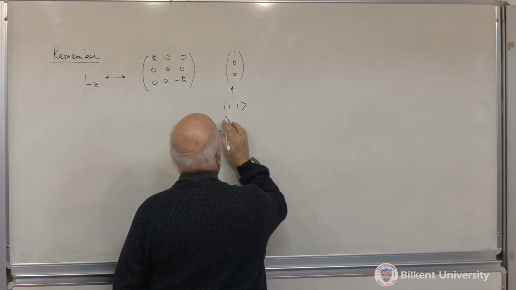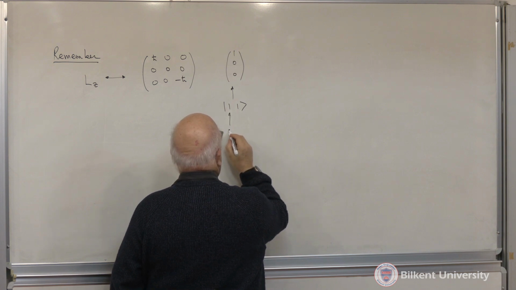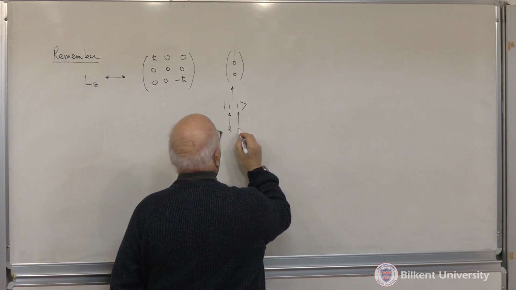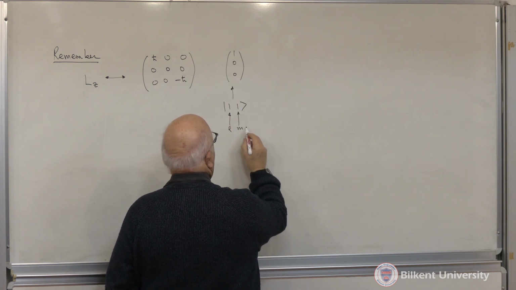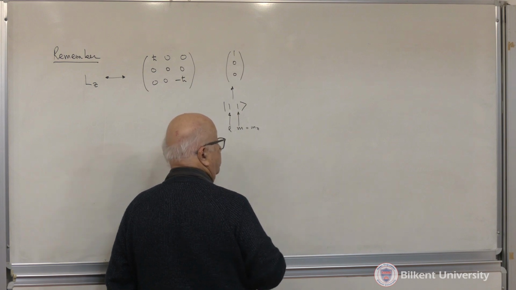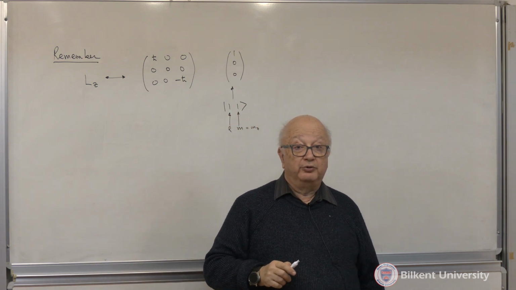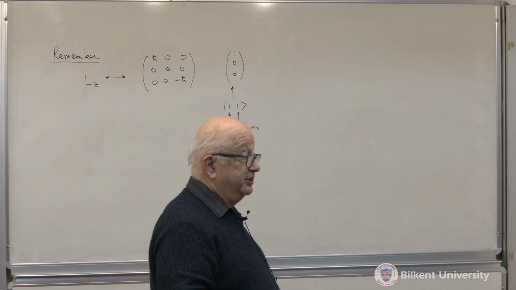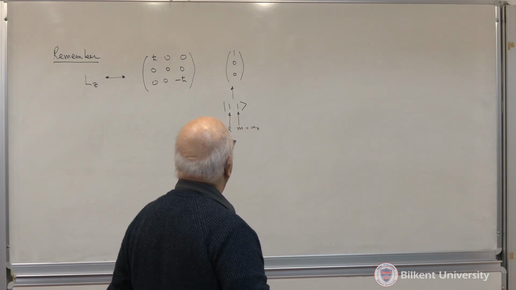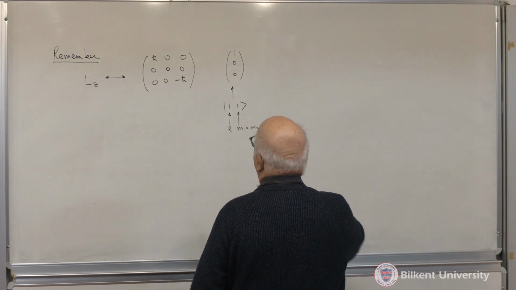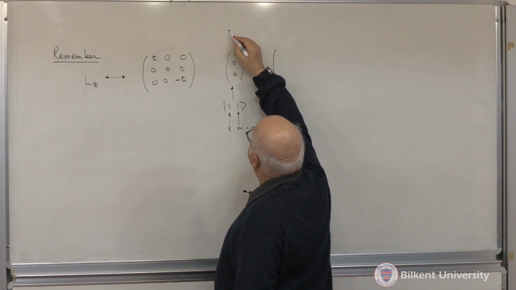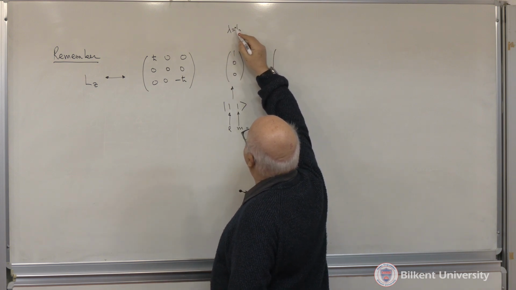So this index is L, it's always L. But if I am not specifying it, it is just M, which is equal to mz. If I don't specify any direction, the default is that it's in the z direction. That's just convention. So the second eigenvalue corresponds to lambda equals h bar.